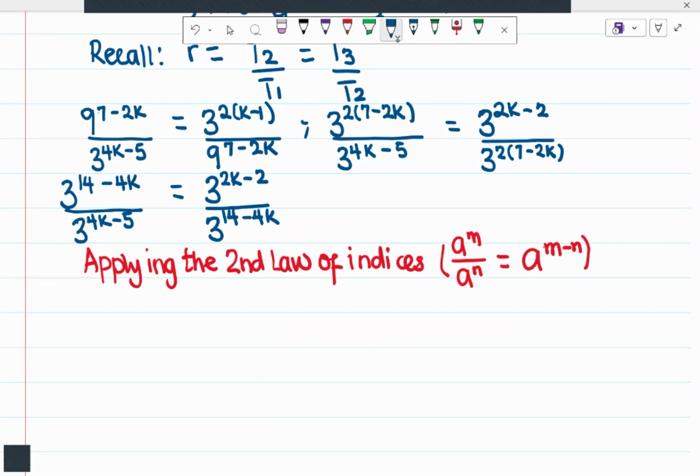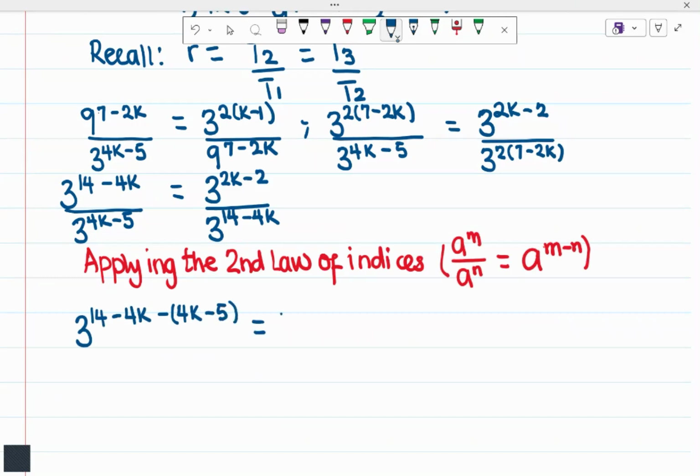So if I apply that, that will become 3 raised to power 14 minus 4k minus open bracket 4k minus 5 is equal to 3 raised to power 2k minus 2 minus 14 minus 4k.